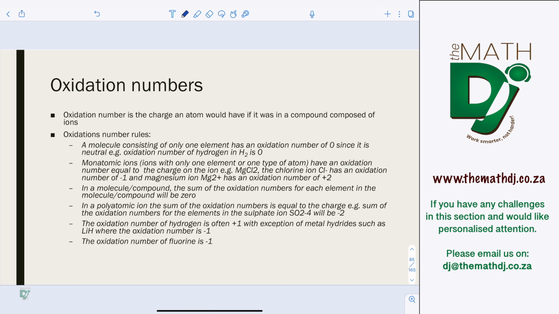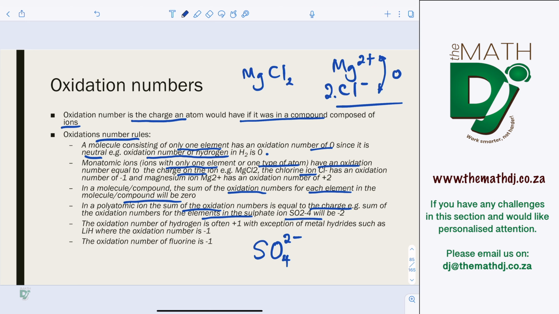What we are saying here is the sulfate will be -2. It means the overall charge, when you combine everything, is -2, because it's an ion, just the same as we did for magnesium chloride.